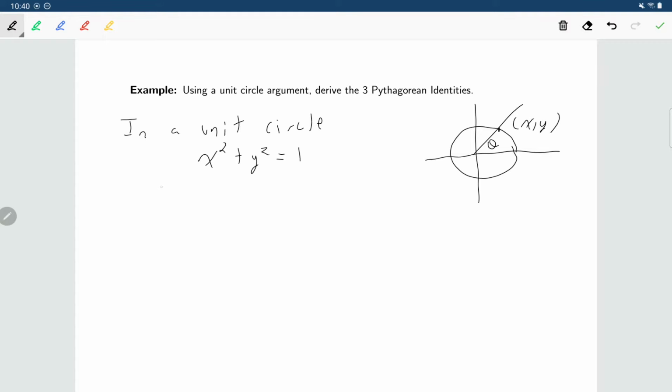Remember that we had defined in the unit circle that cosine of theta was the x value, so x squared is cosine squared theta, and the y value is sine theta, so y squared is sine squared theta. And so the reason for this, of course, is because sine theta is y and cosine theta is x in the unit circle.